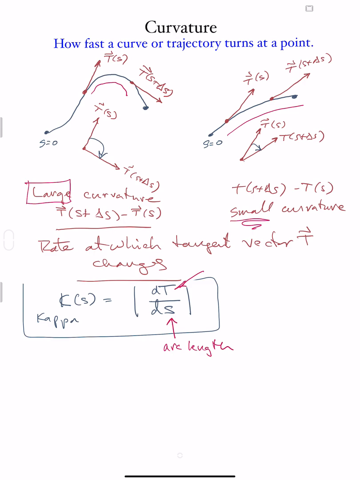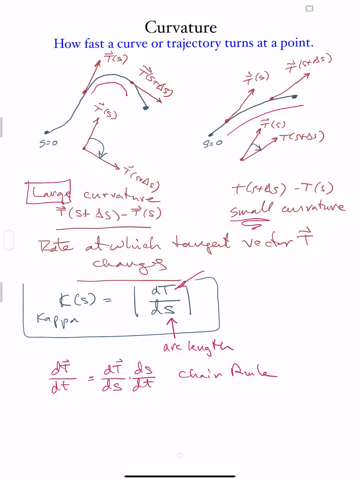If we look at what's happening, we want to talk about the change in the tangent vector with time. If I just use my chain rule, I can say that's the change in the tangent vector with arc length times the change in arc length with time, because T is a function of arc length, which is a function of the parameter, so we can make that rule using the chain rule.